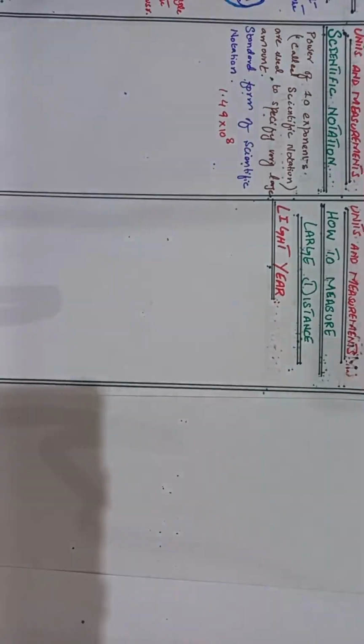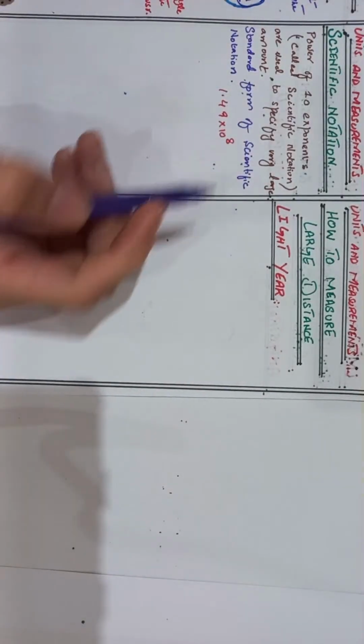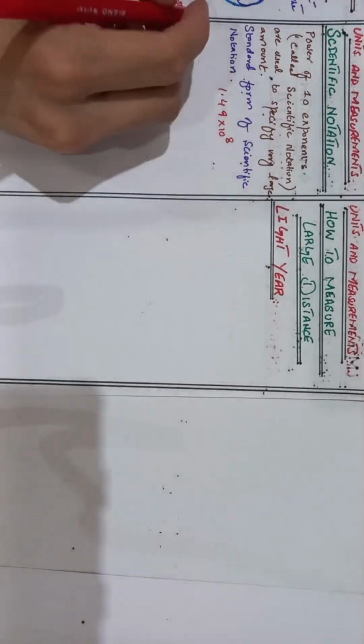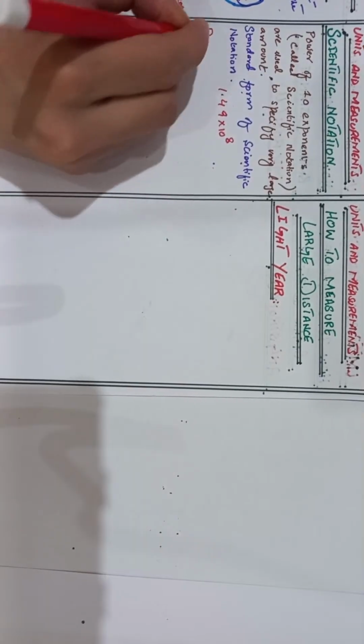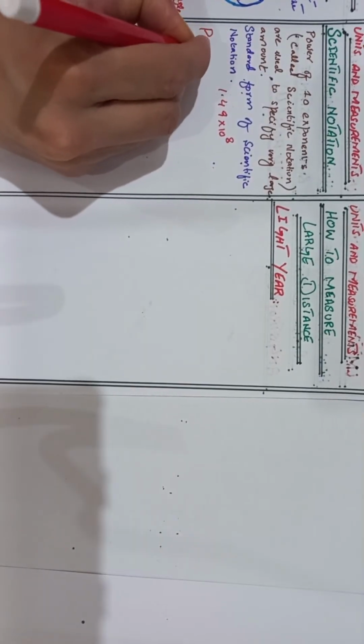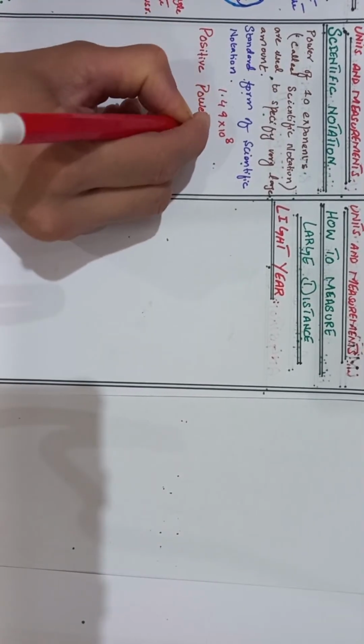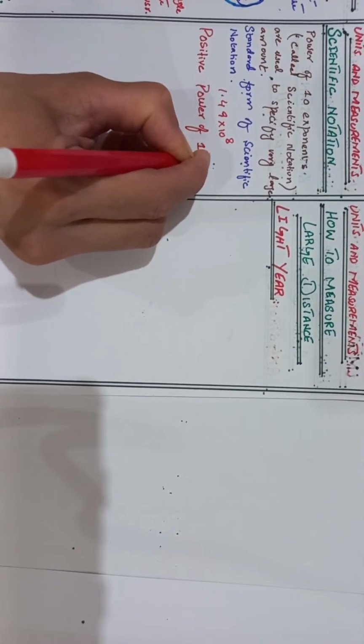This we write in the form of scientific notation. Now we discuss whether the power is positive or negative. If it is a positive power of 10, how do we write it?